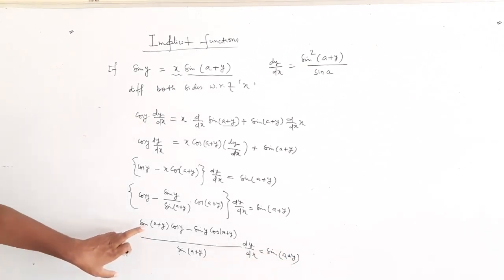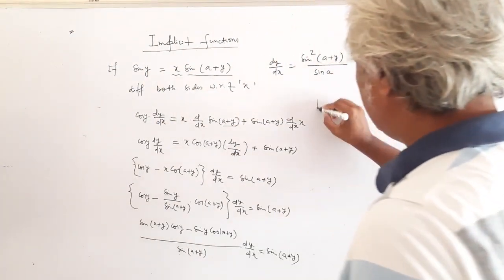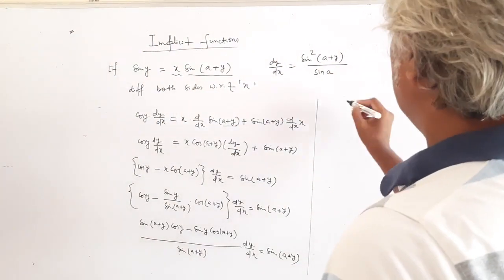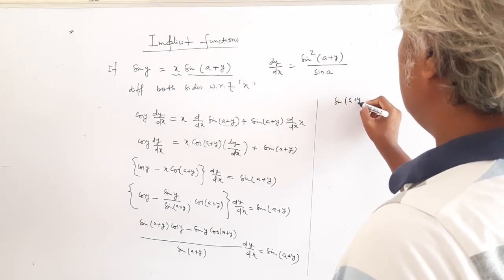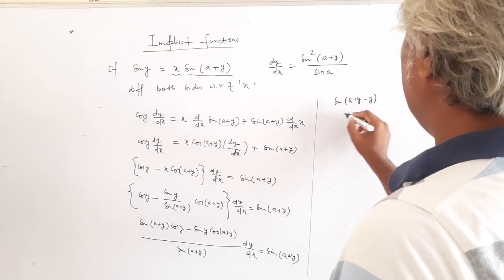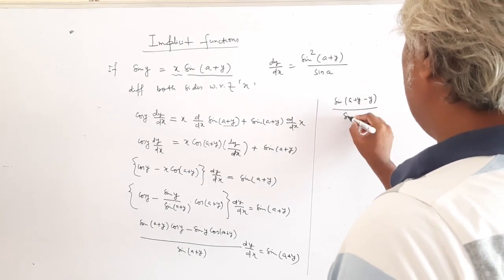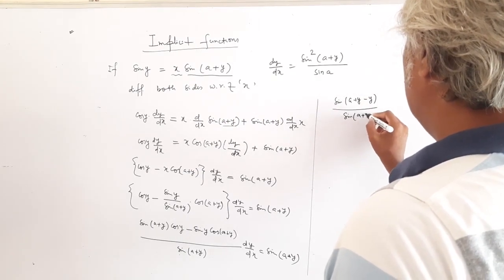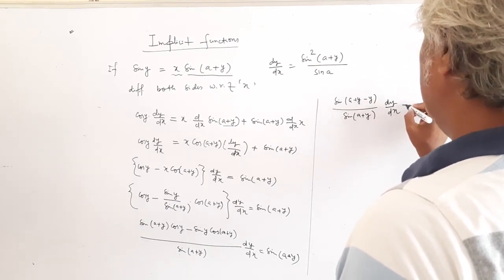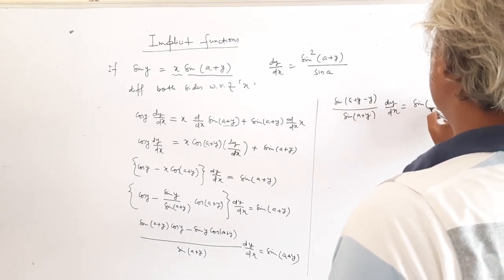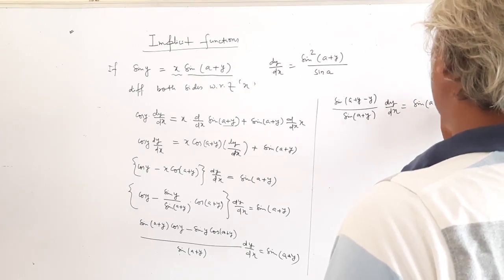So now here you see the form sin A cos B minus cos A sin B. So this will become sin(A minus B). So we will have sin(a + y minus y) upon sin(a + y) dy/dx equals sin(a + y).